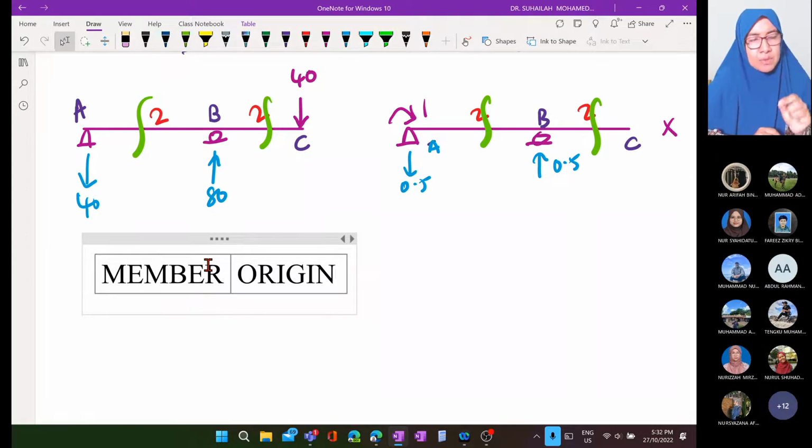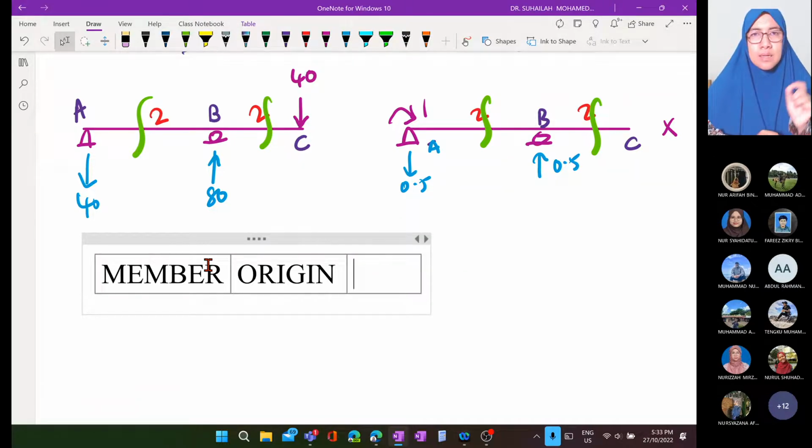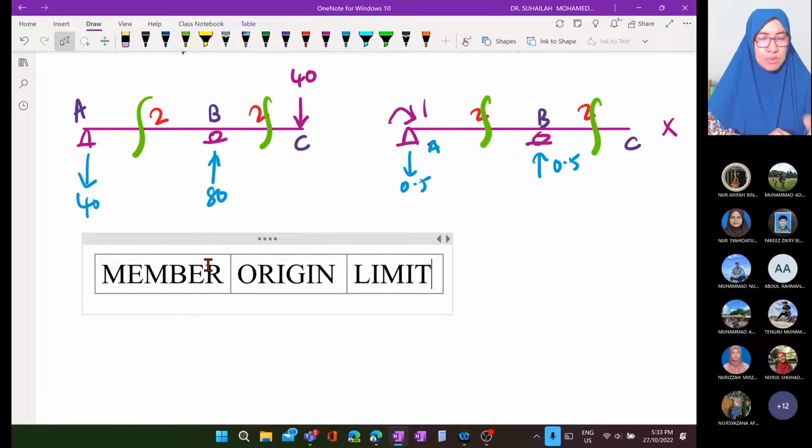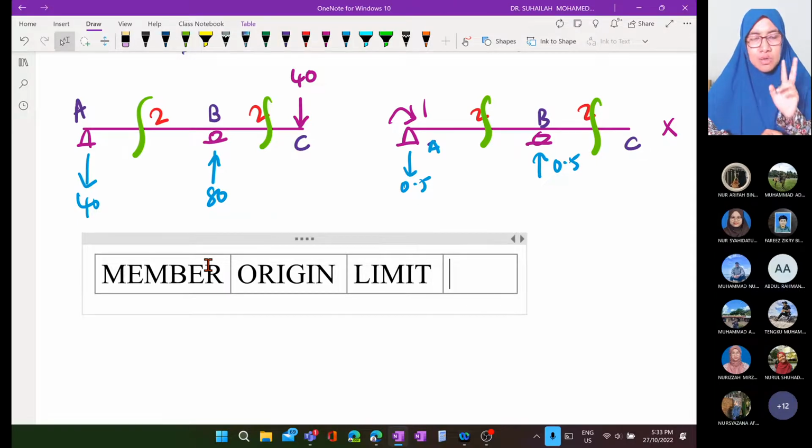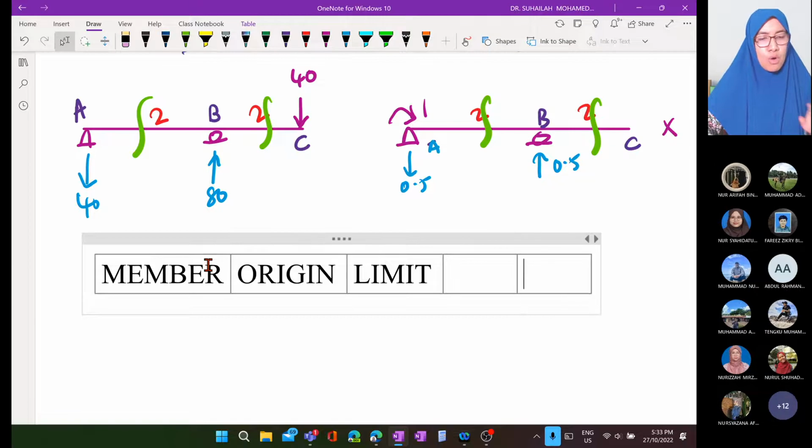In cutting section, we have to choose origin. X will be equal to 0 at origin. And then the length, limit of X from 0 to 2. And then we add another 2 columns, one for primary system and one for redundant system. So there are two moment equation.